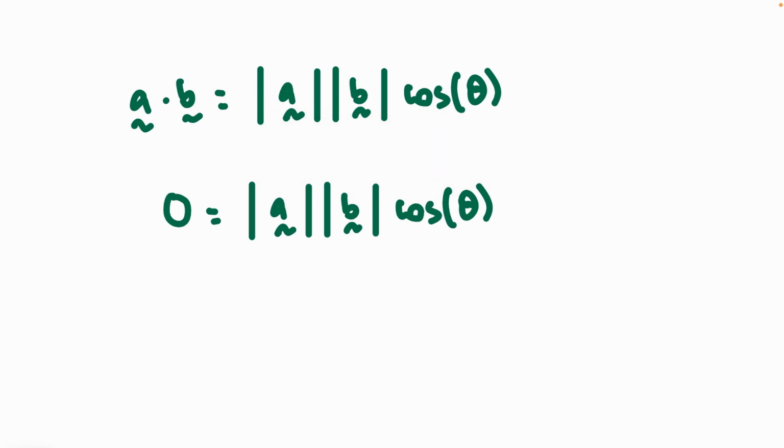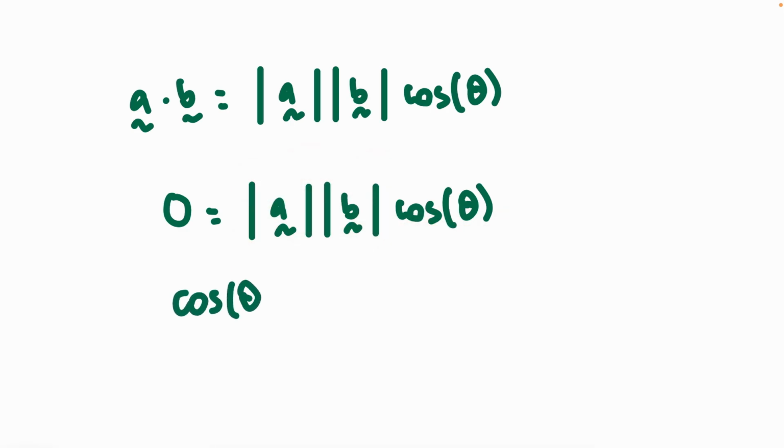Now, it wouldn't really make much sense to deal with a vector with no magnitude. That's just like a point, right? So what is the angle between a point and a point? That doesn't really make sense, so these two can't be 0. That leaves us with cos theta equals 0.